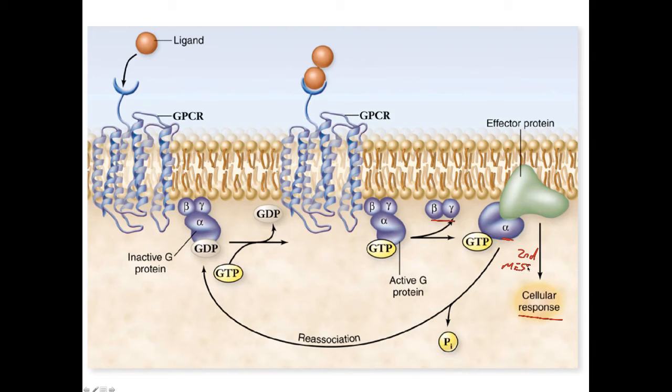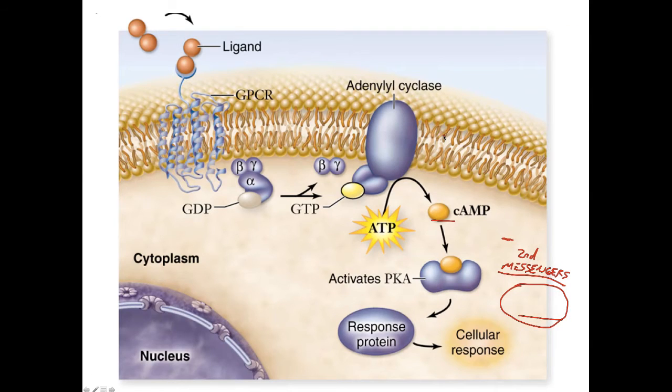So we're going to look at two examples of effector proteins and the second messengers that they cause to be released so as to elicit a cellular response. So that's what we're going to look at now.